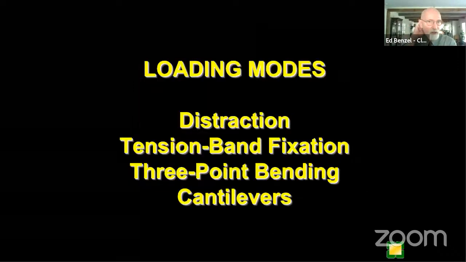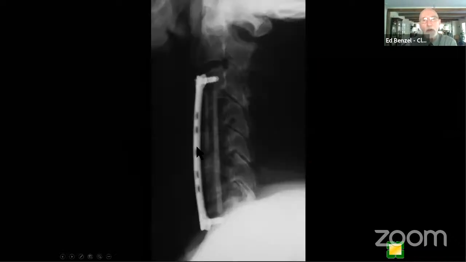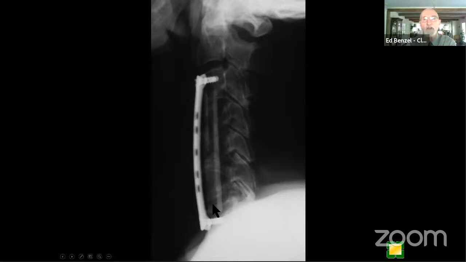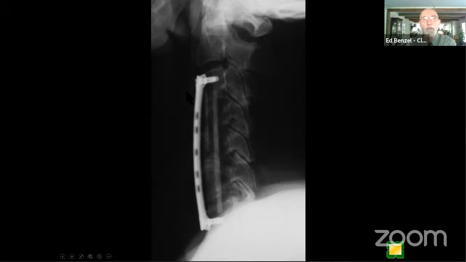So we have distraction, tension band fixation, 3-point bending, and cantilevers as loading modes. What is missing here is an intermediate point of fixation, so we don't have 3-point bending. This is a bridging implant with a high failure rate associated with multiple corpectomies, fibular strut, and then the bridging implant.